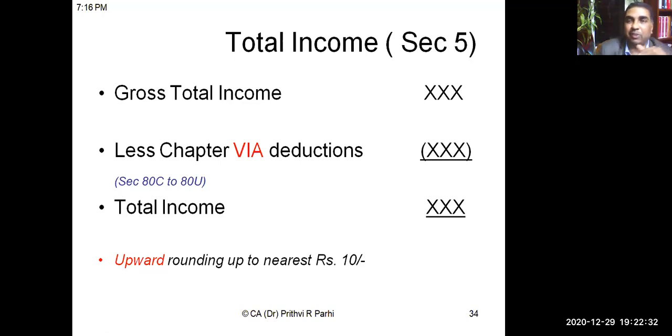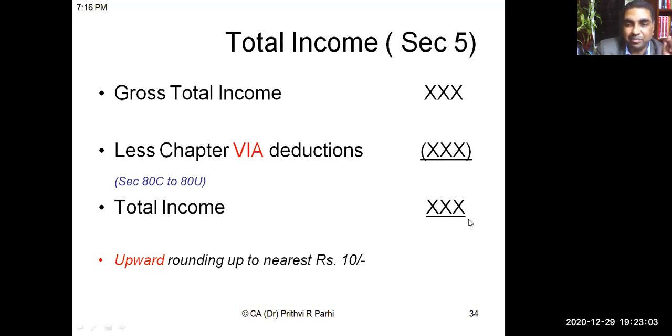For example, you are paying life insurance premium, purchasing a National Savings Certificate, spending money on your child's education, repaying the capital portion of the housing loan, or paying your health insurance premium. Then you are eligible to get some deduction. Those deduction amounts will be deducted. After that, you will be getting total income.